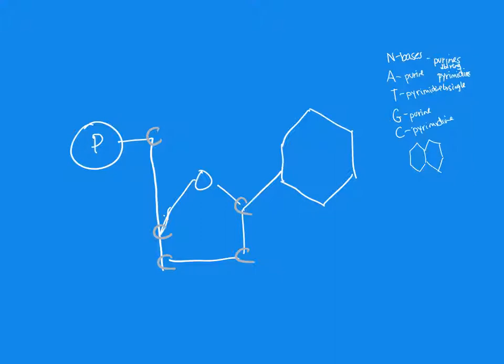Your carbons are always numbered going in a clockwise position from that oxygen. So this is 1. This is 2. This one's 3. This one's 4. And this one's 5. They usually have a little prime after it, so you have the 1 prime, 2 prime, 3 prime, 4 prime, and 5 prime.